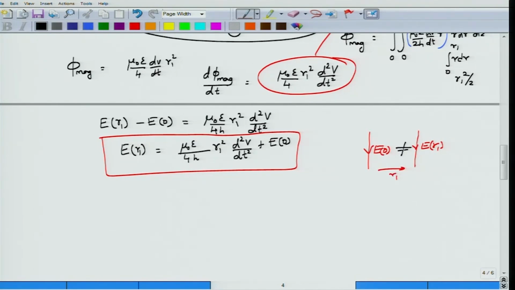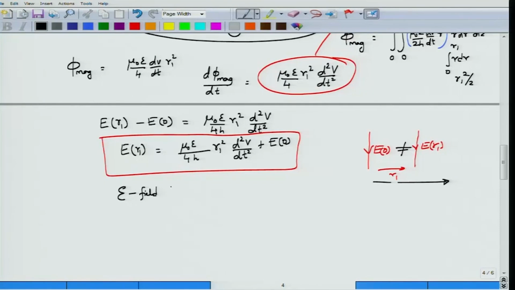So, these two are not equal, which means that the field lines are not uniform as you go along the capacitor plates. As you move from the center and keep going along the capacitor plates, the electric field has become non-uniform. So, the E field is non-uniform.